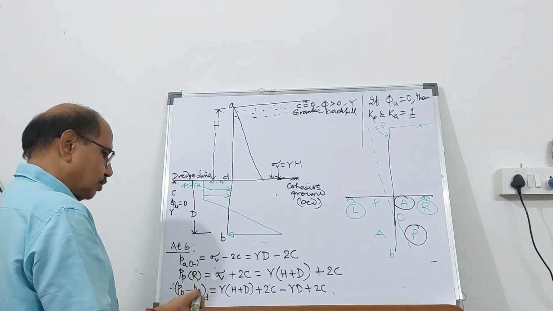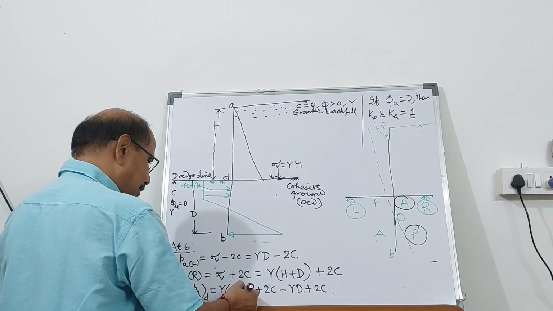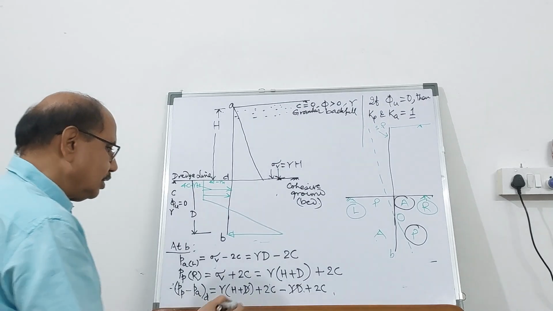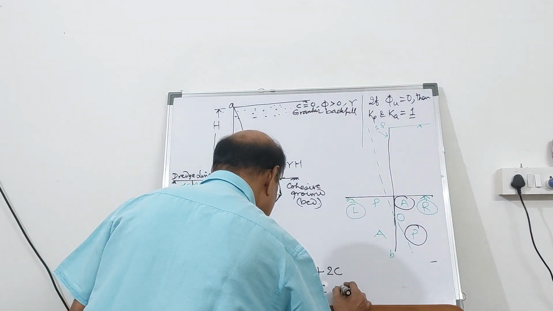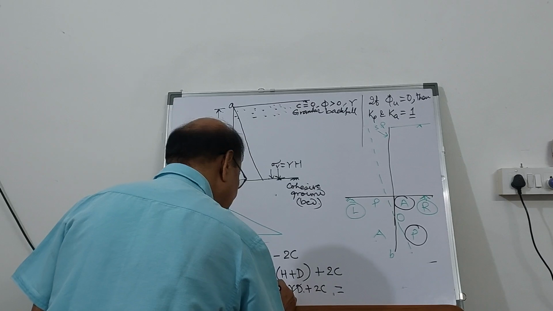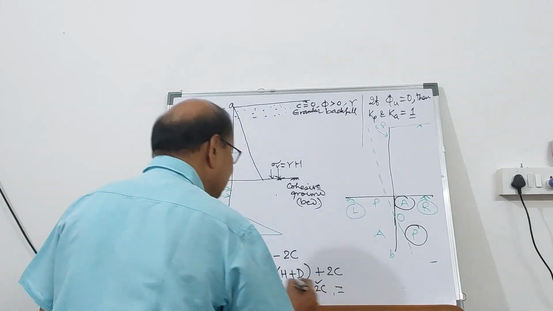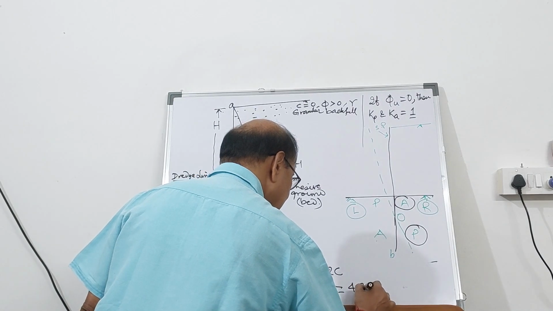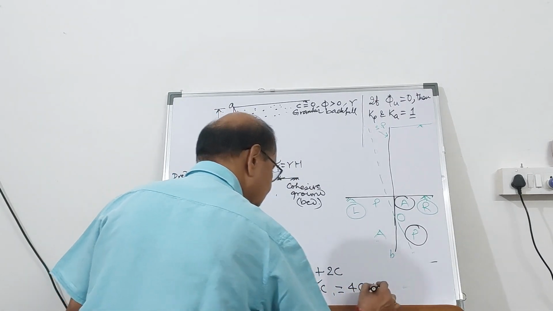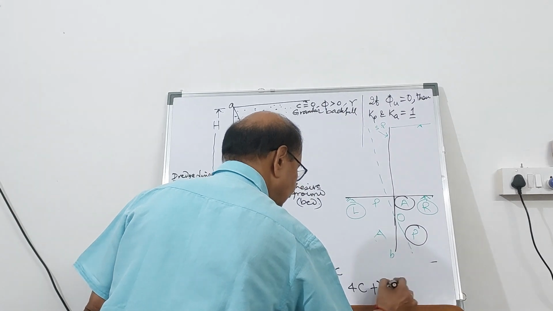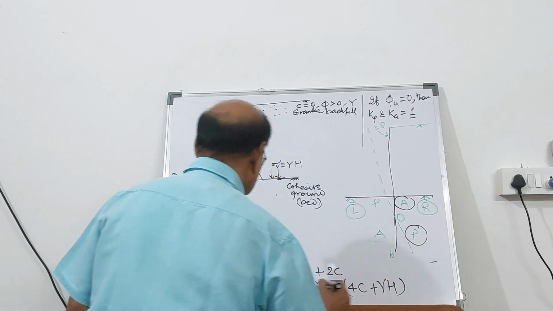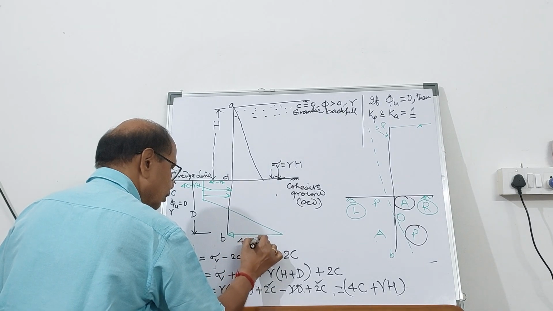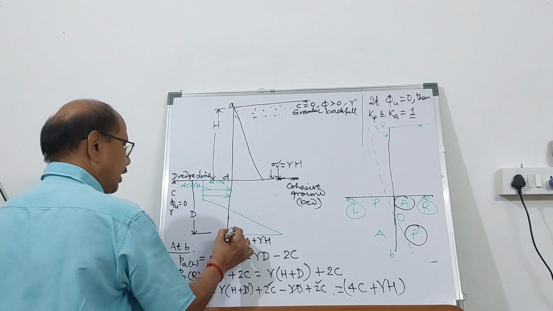I hope this is quite clear. So this gamma D and this gamma D will get cancelled. So finally what you get is 2C and 2C becomes 4C. So this pressure becomes 4C plus gamma H. So here the pressure becomes 4C plus gamma h.